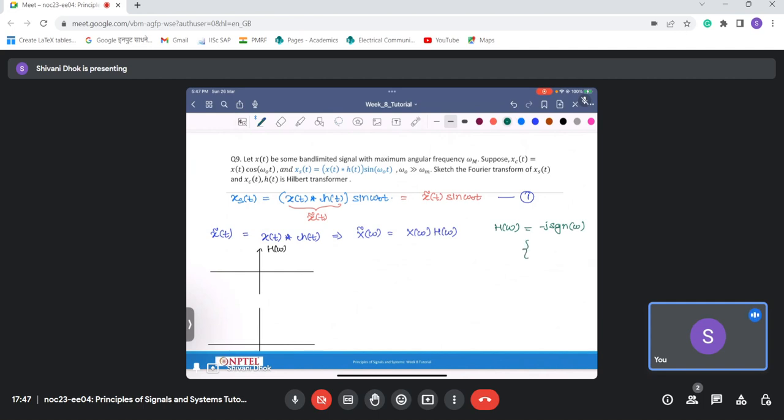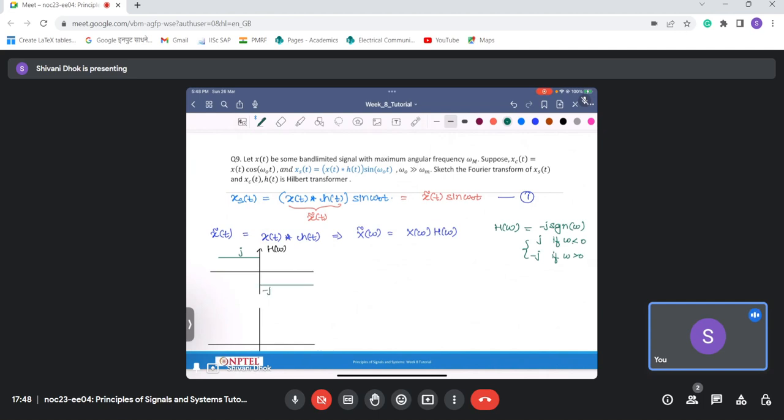So this is equal to j if omega is less than 0, and it is equal to minus j if omega is greater than 0. So this looks something like this. This is j and this is minus j.